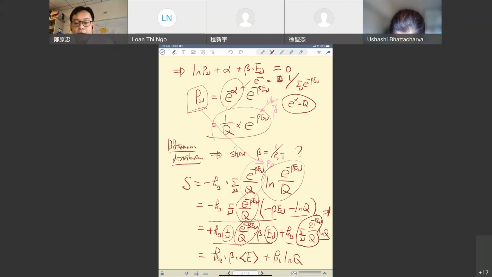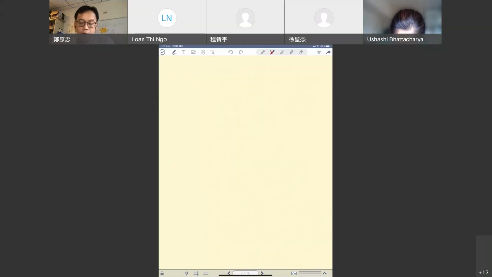So entropy is related to average energy. In thermodynamics, we know that dE equals TdS minus PdV plus mu dN.